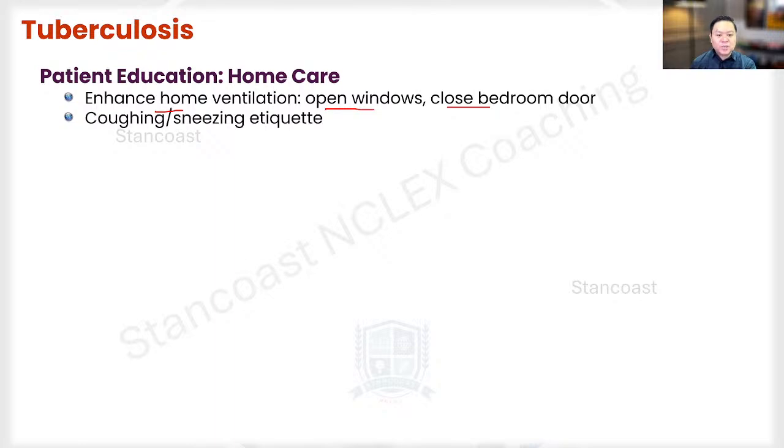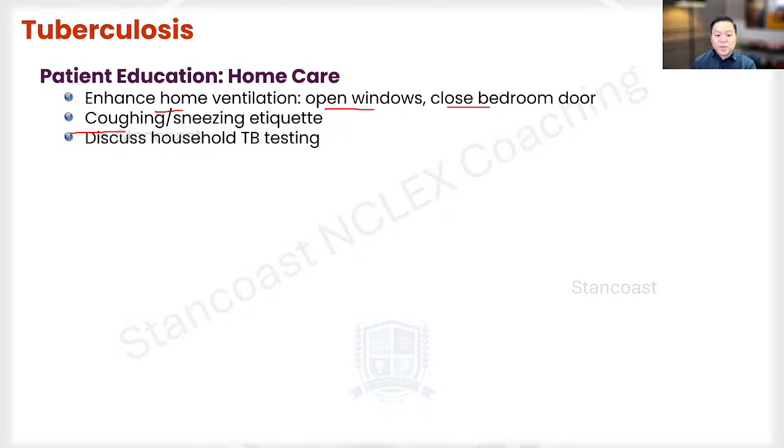And we want to make sure that we are teaching them about coughing and sneezing etiquette, okay? So they need to properly dispose of the tissue that they've been using when they're coughing or sneezing, and make sure that they're disposing of those contaminated tissues properly. And they need to really cover their mouth using fresh tissues and make sure that they're not spreading those droplets, contaminating their environment.